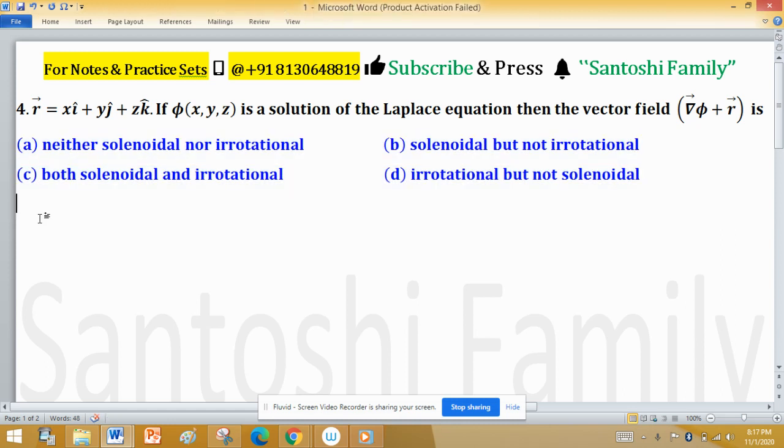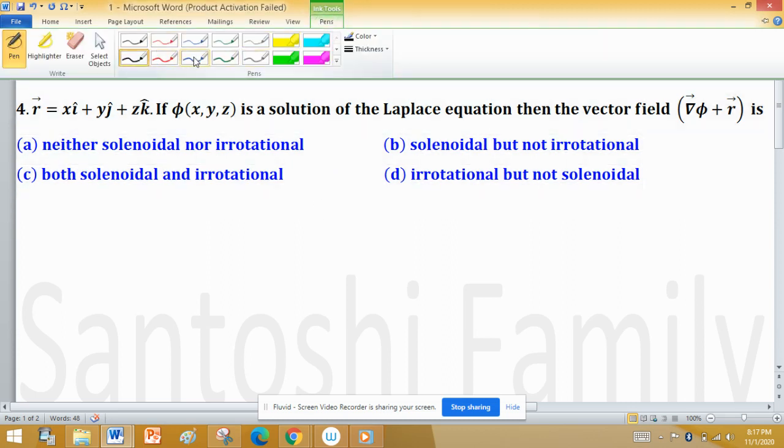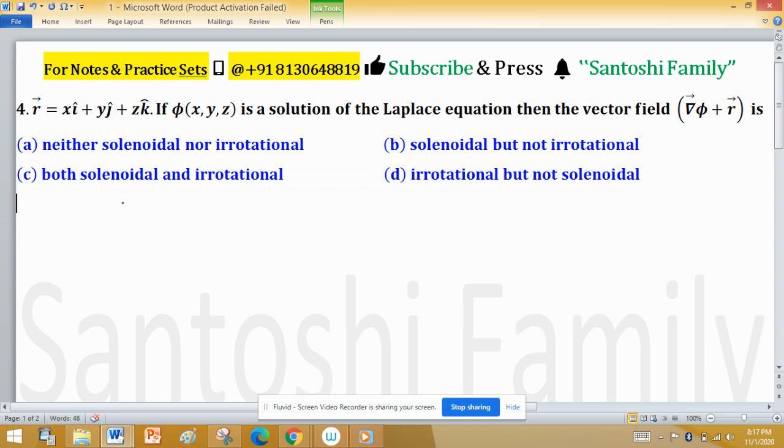Then to solve this problem, we have to remember a few points about solenoidal or irrotational functions.